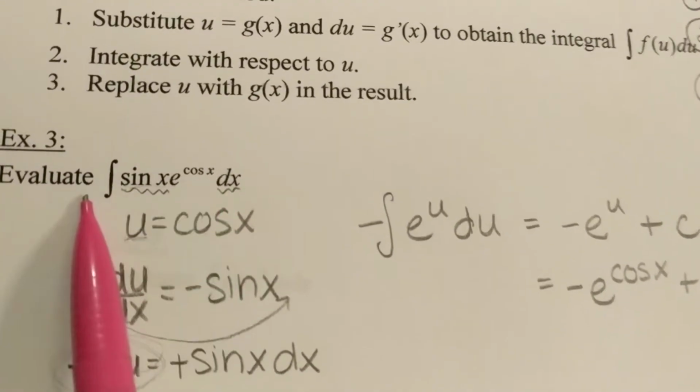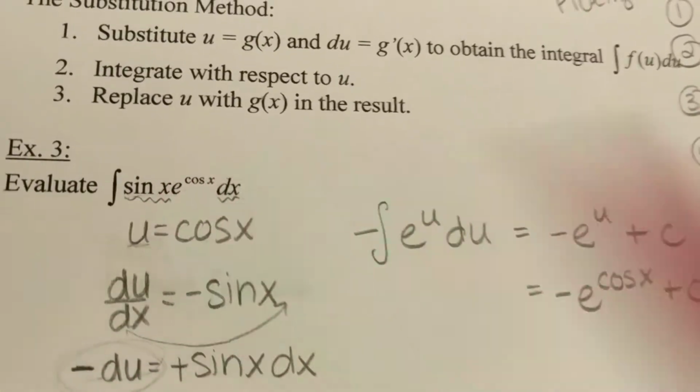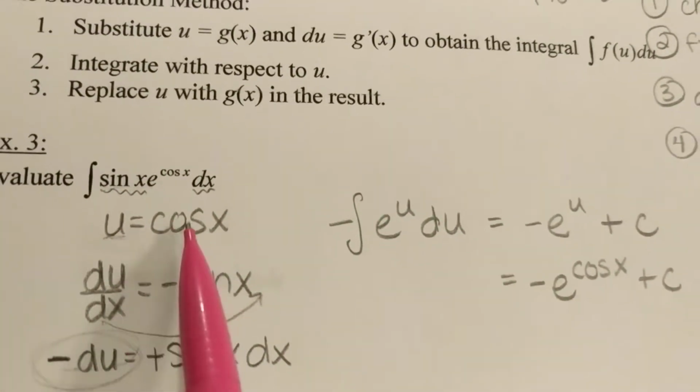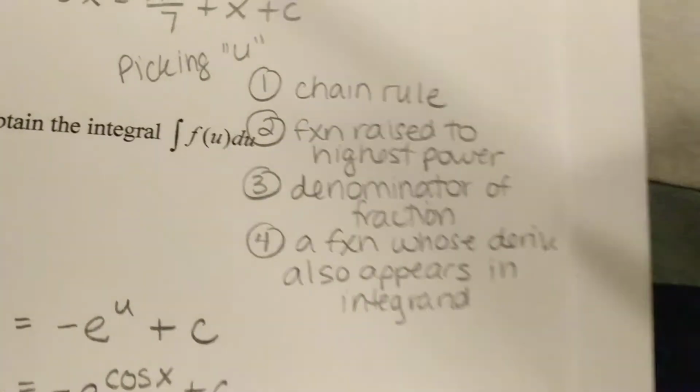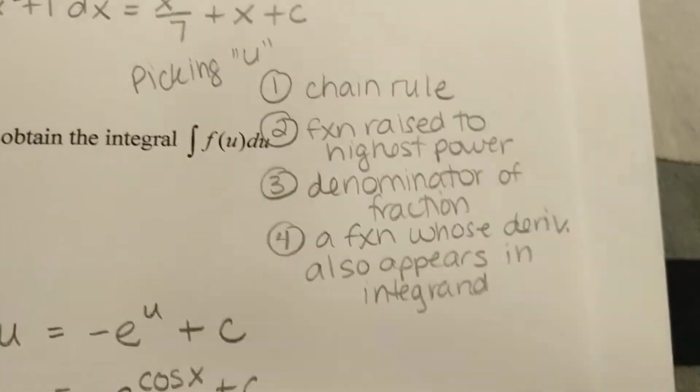So for example, this particular example, sine and cosine, those derivatives are in the same integrand. So you know one of them is going to be the u. All right, so I do have a detailed sheet for you with all of these, but it's going to help us when we get to example 5.